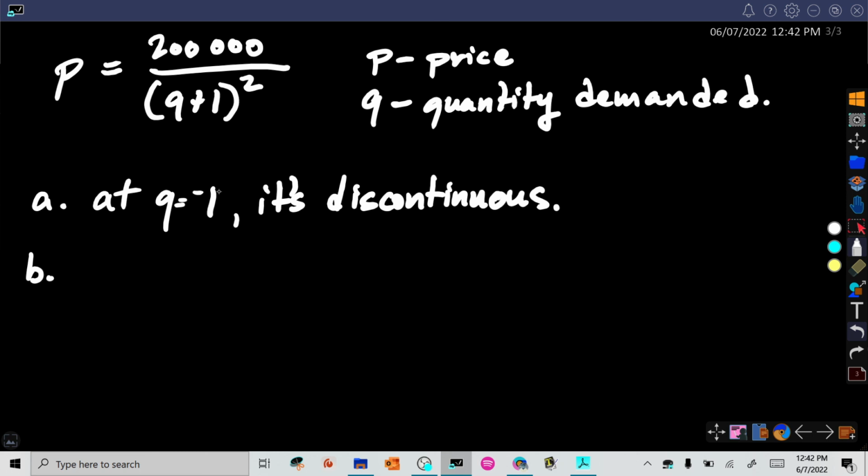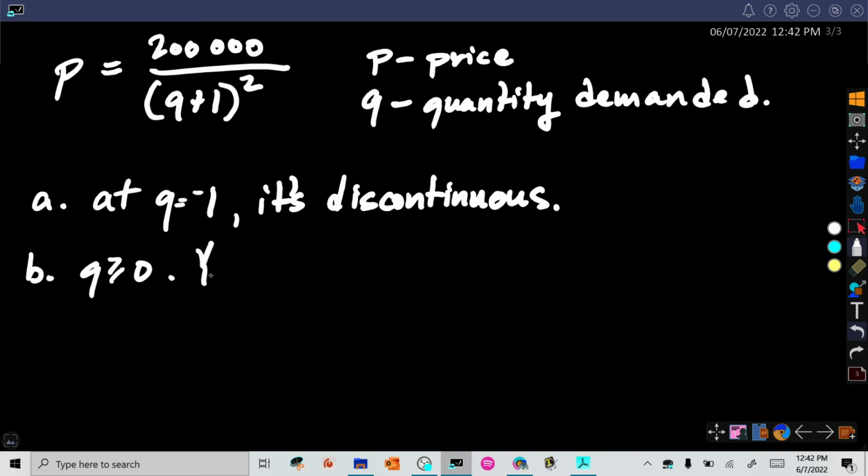So in this case, Q greater than 0, this right here is the only thing that would cause this to not exist. So you can pick any Q value, no matter what it is, and you're going to have a continuous function across the board. So in this case, because Q represents quantity, we know that Q has to be greater than or equal to 0. Okay?